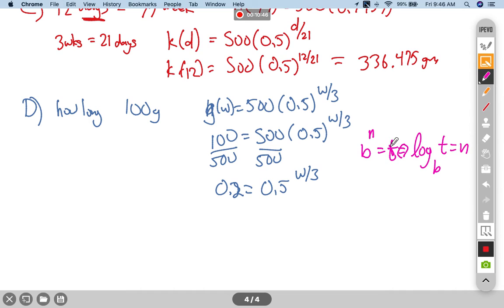That's switching between the exponential and the log form. So I could say here the log base 0.5 of 0.2 equals w over 3.